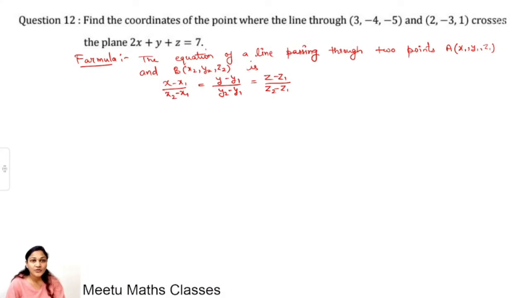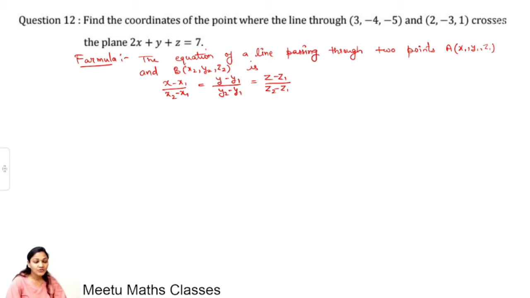Now your next question is question number 12. Find the coordinates of the point where the line through 3, minus 4, minus 5 and 2, minus 3, 1 crosses the plane 2x plus y plus z is equal to 7.